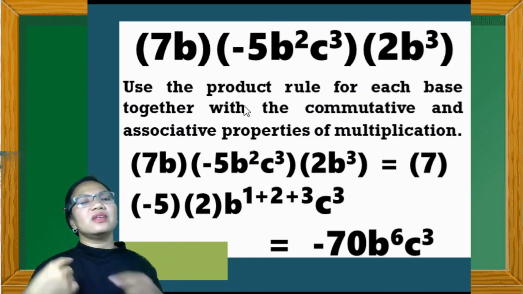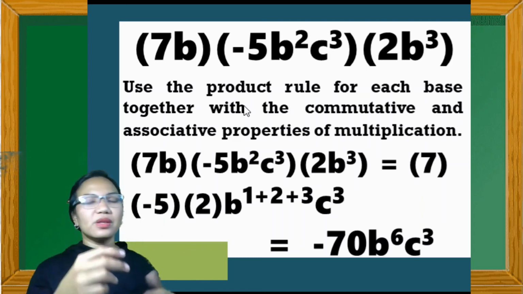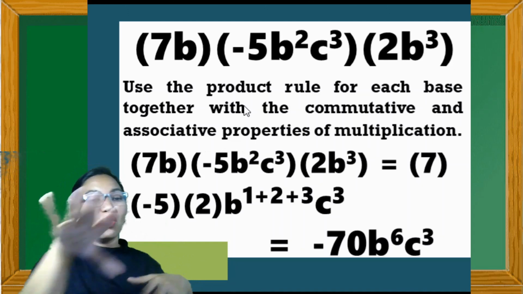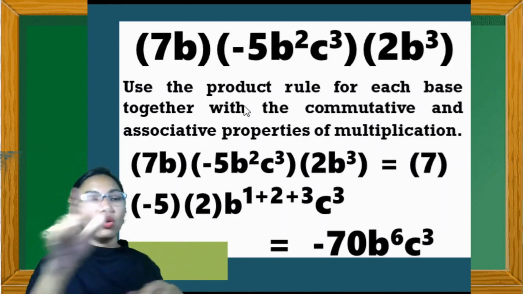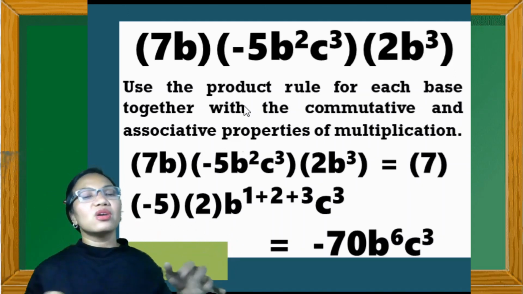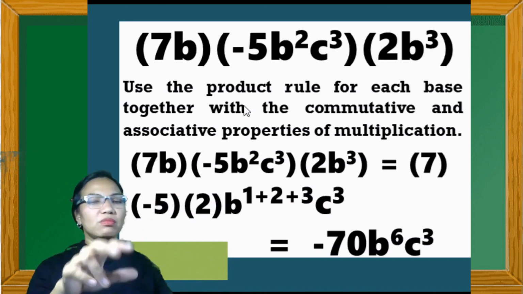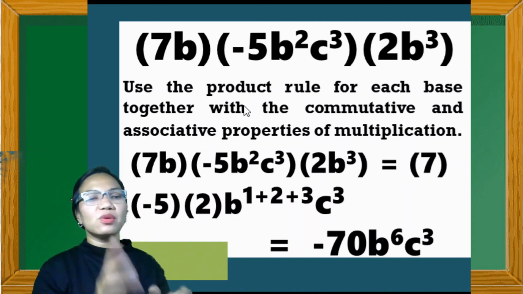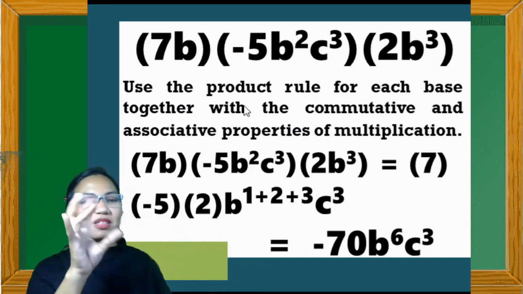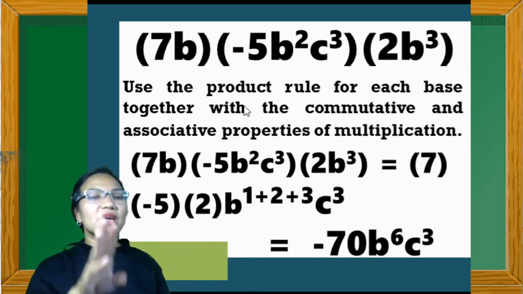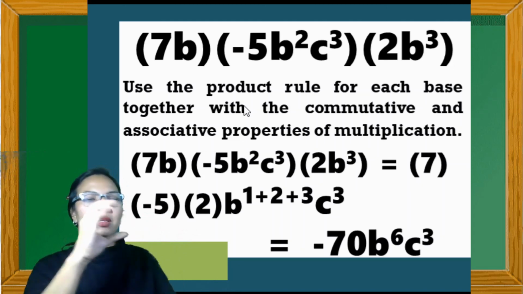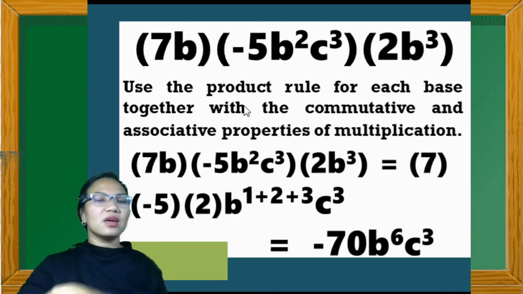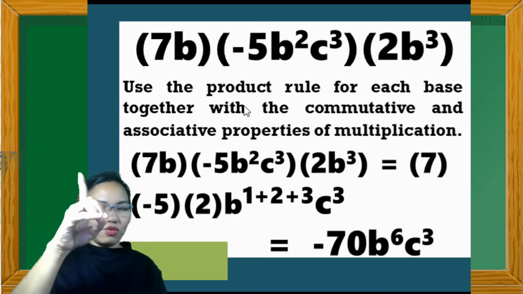And since c cubed, there's nothing more of the c base in the whole expression, we just keep c cubed as it is. So the resulting answer will be negative 70 b raised to the 6th power c cubed.